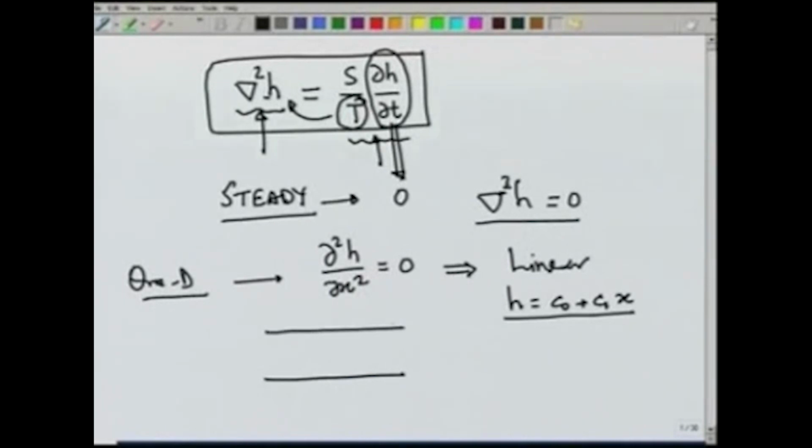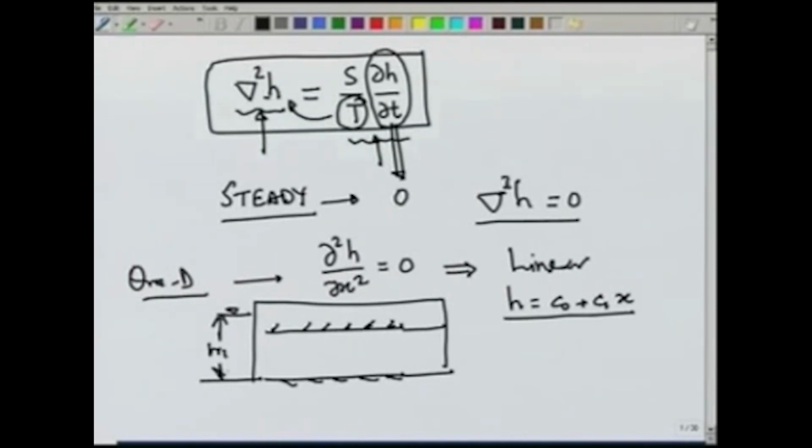As we saw in the previous lecture, if the flow is occurring between two water bodies which have elevations of H1 and H2, the head variation within the aquifer is linear, and therefore, the piezometric level would be a linear profile joining H1 and H2.